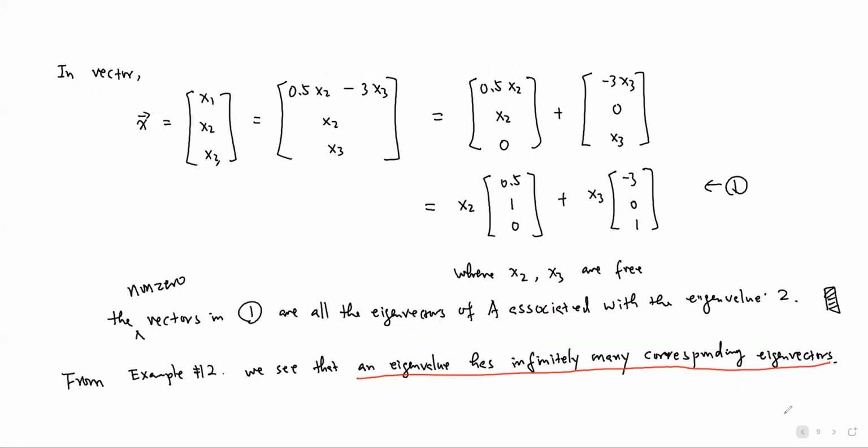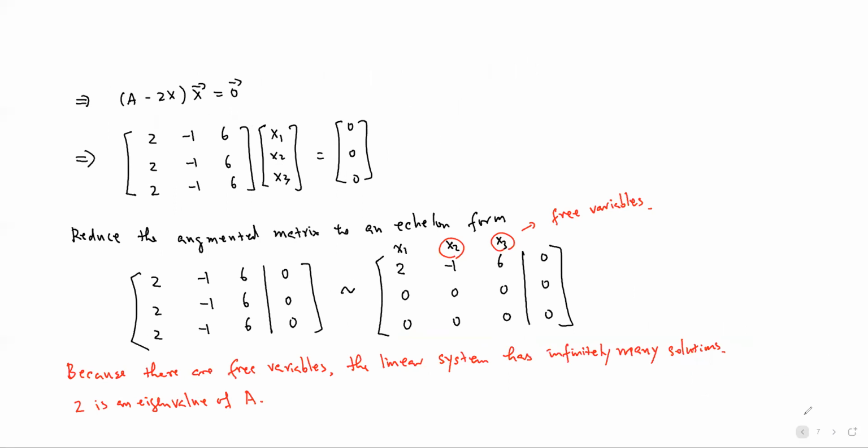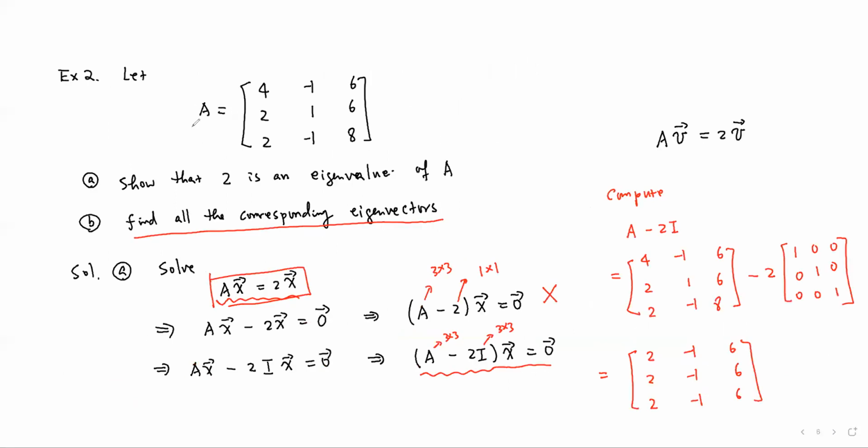Go back to the previous example. In the previous example, matrix A is this, and in part B we have found all the eigenvectors. Now put all the eigenvectors together and plus 0.